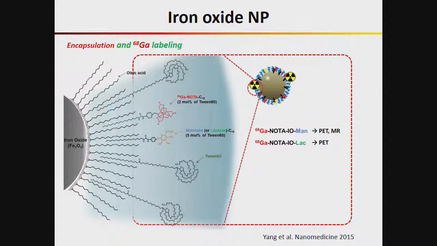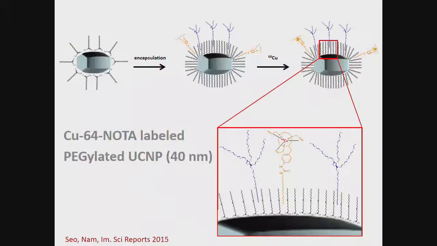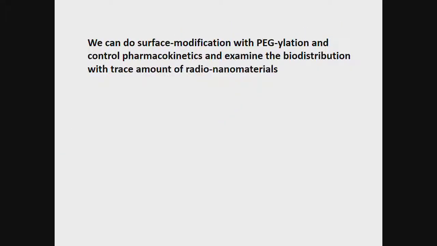And it was also applied for iron oxide nanoparticle and UCNP here. So now we can do surface modify with pegylation and control pharmacokinetic and examine the biodistribution with trace amount.